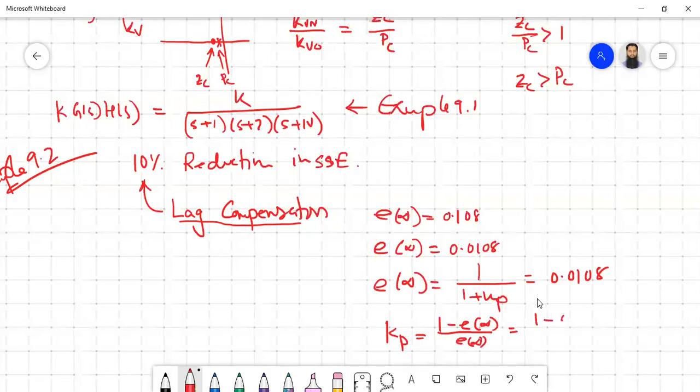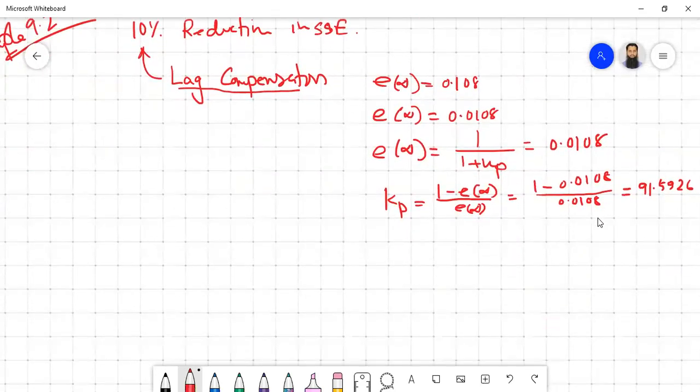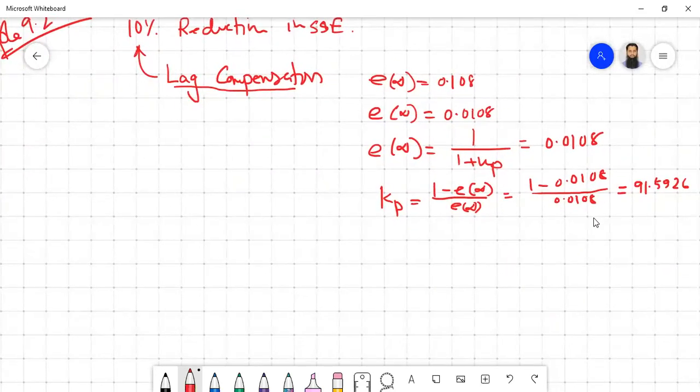If you put in the values, the required amount of Kp is 91.5926. So this is your new value of Kp, and the previous value we calculated in the last class was 8.229.